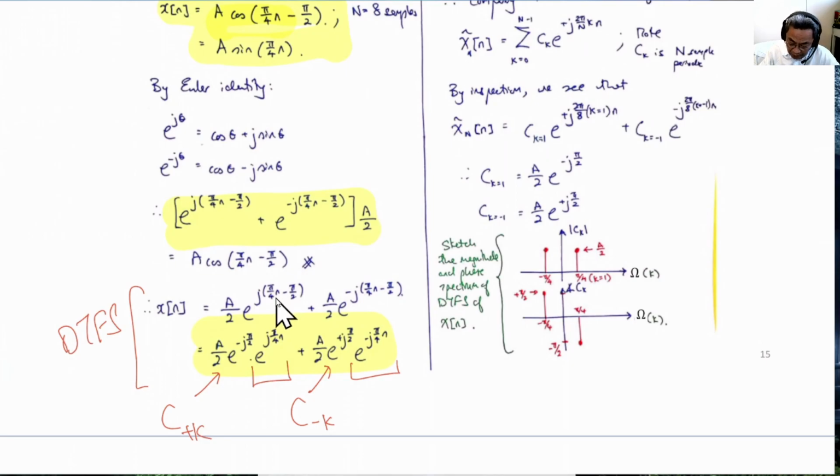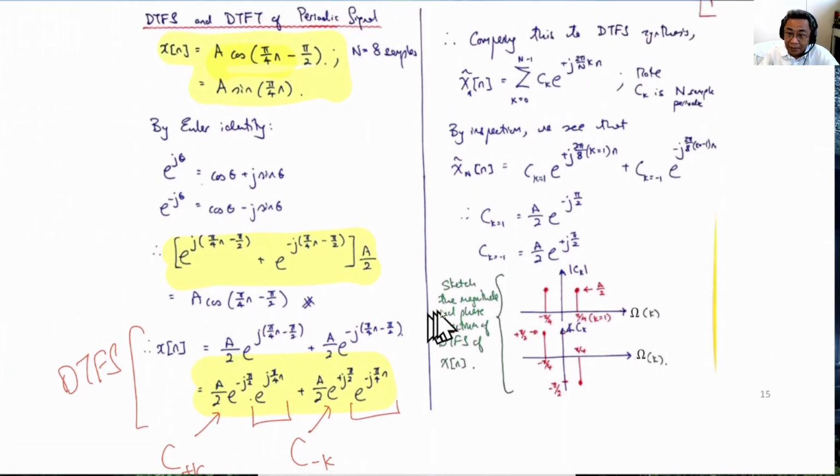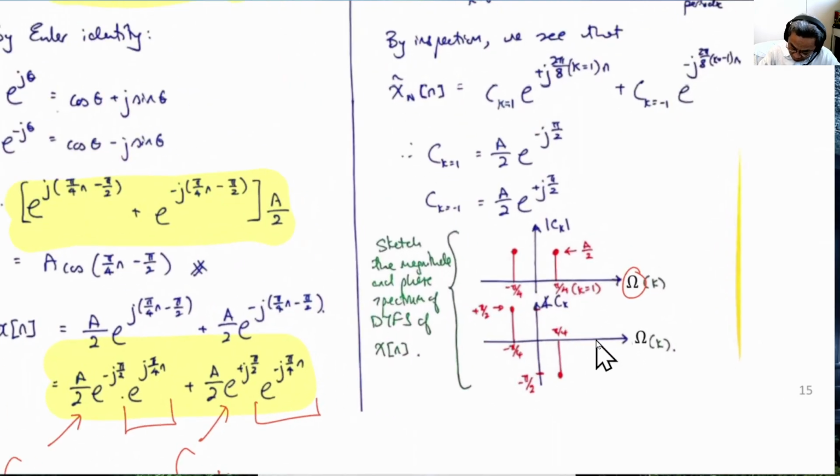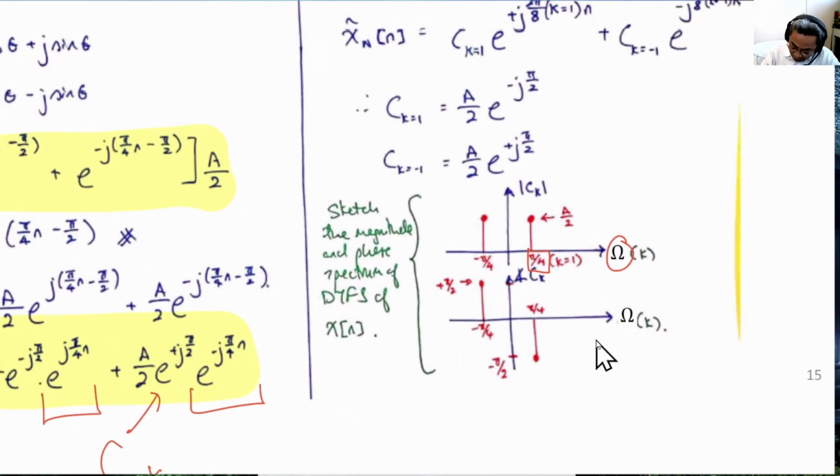If we are not interested in the representation as k, but we are using omega instead, then here we simply write omega equals pi over 4 and minus pi over 4, and we store the magnitude over here, and then we store the phase over here.